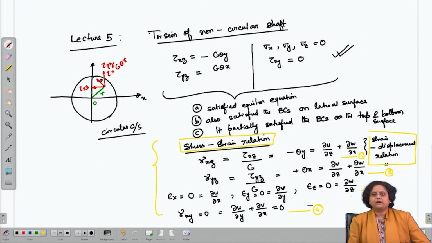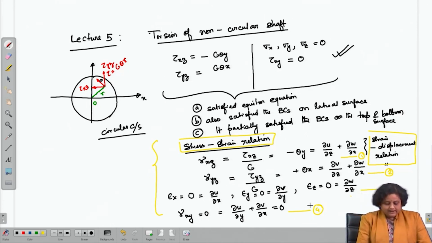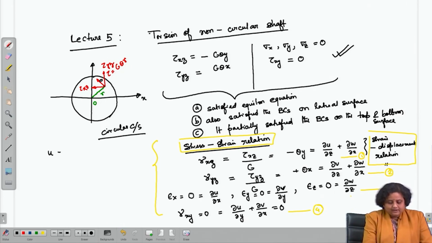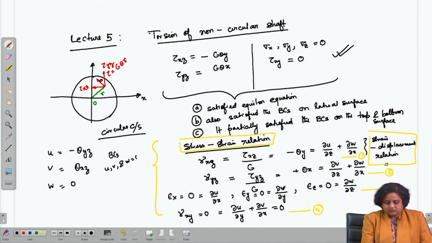If we want to solve equations 1, 2, 3 and 4 and try to find out the expressions for the three displacements u, v and w, you can see that, if you solve it, I am not solving it because it is slightly lengthy, but it is very easy to solve, you will get u as minus theta yz, v as theta xz and w as 0, providing the boundary condition that u, v and w are equal to 0 at x, y, z equals 0, 0, 0.